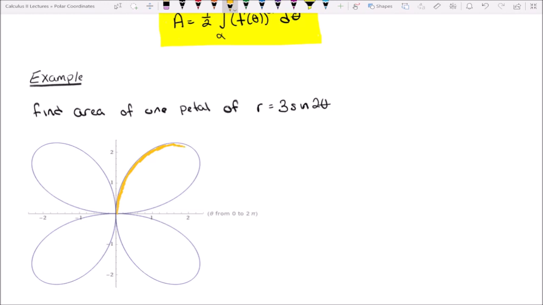Because all the petals are going to have equal area. So let's just find the area of this petal.